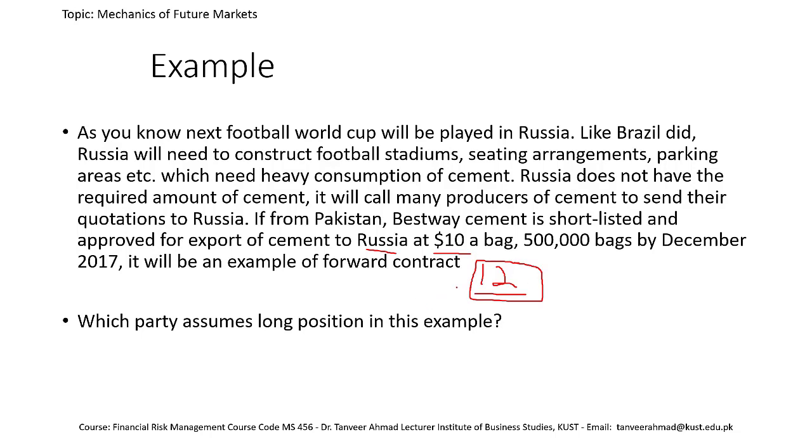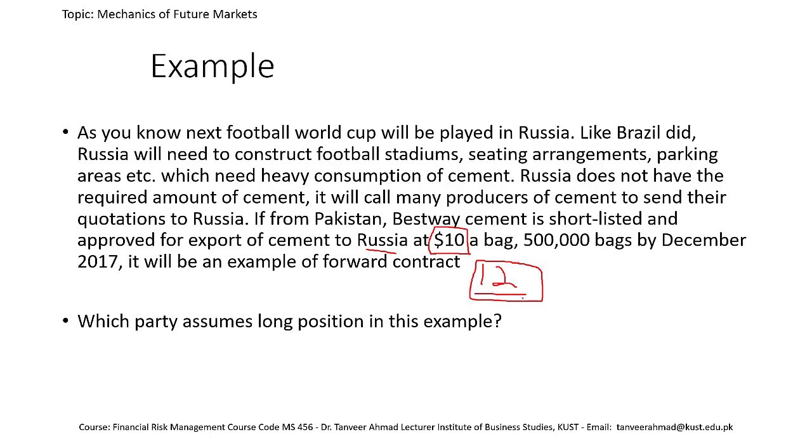The logic behind this profit, you can theorize in a different way. Let me help you with that. Say, for example, Russia buys this for $10. In case Russia does not want to hold the cement, they can sell it in the open market for $12.